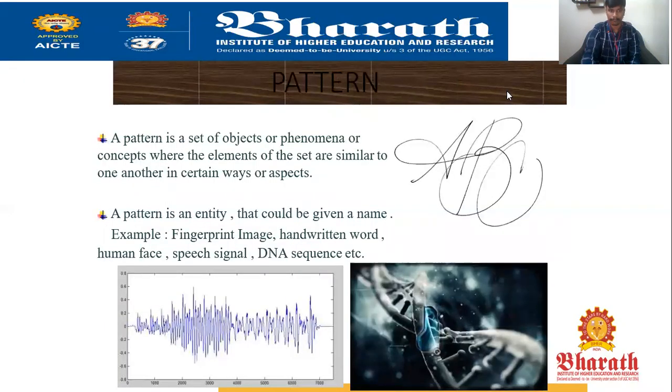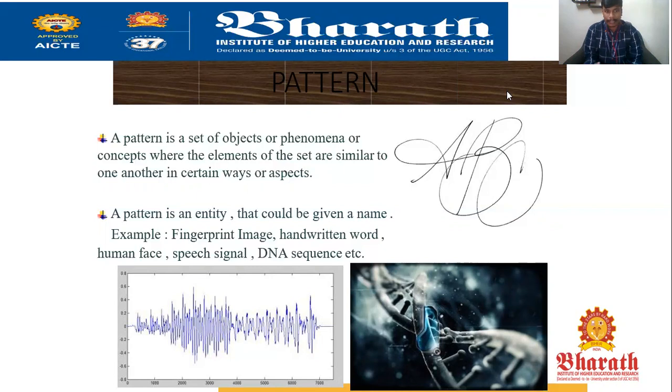First is the pattern. Before knowing about pattern recognition, we have to know what a pattern is. A pattern is a set of objects, a sequence, or a phenomenon, where some elements or a set of data have the same or similar property to one another in certain aspects. Data, a set of sequences, or a set of phenomena having the same property is considered a pattern.